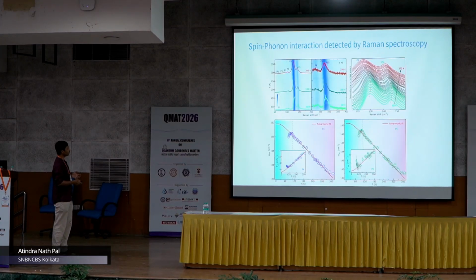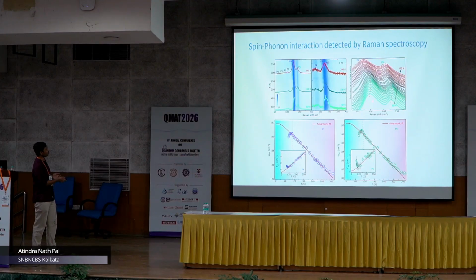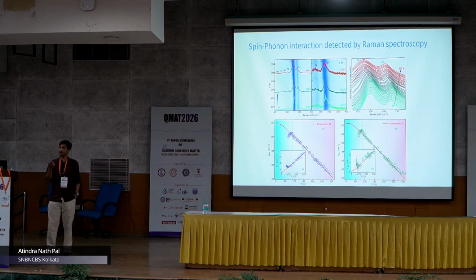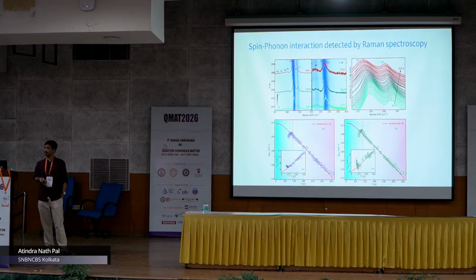But I'll go to the temperature dependent data. If you reduce the temperature, you expect these Raman modes to harden as you lower the temperature. But near the spin reorientation transition, we found a softening, which is a signature of the spin phonon coupling in this system.